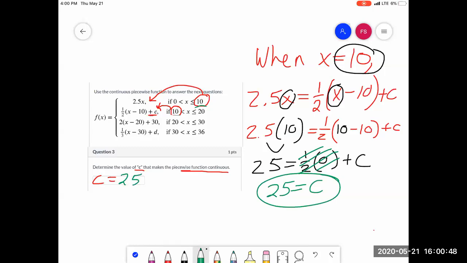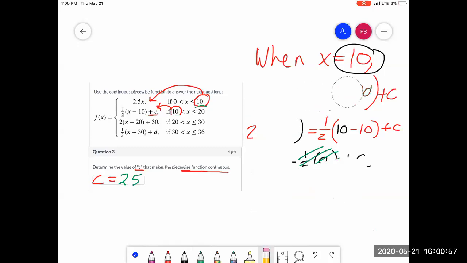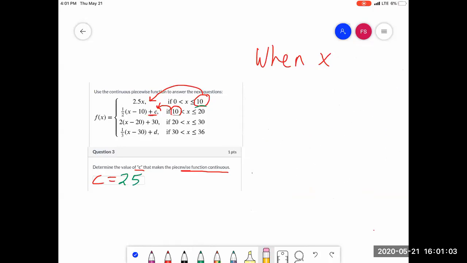So let's check this and see if this works for equation number 2 and for number 3. So for equation number 2 and number 3, what we're saying is that when x equals 20, those two equations should give us the same value if it's continuous.